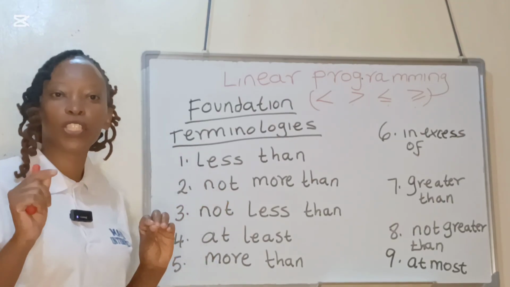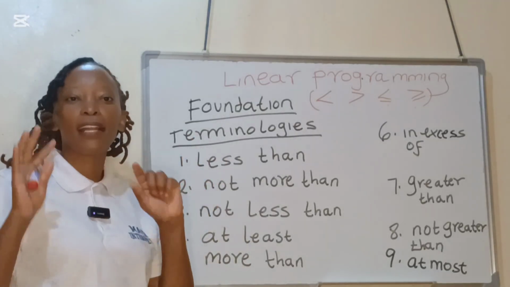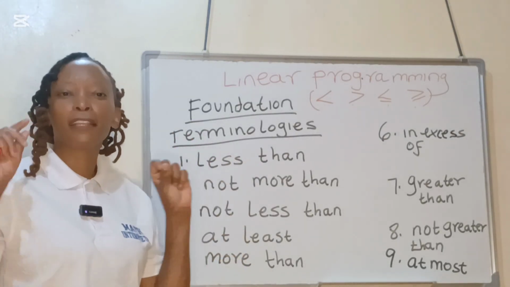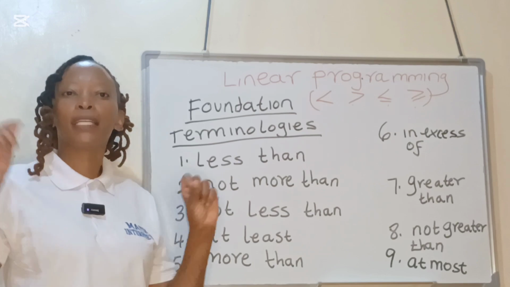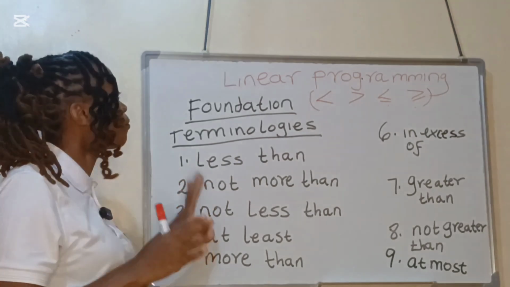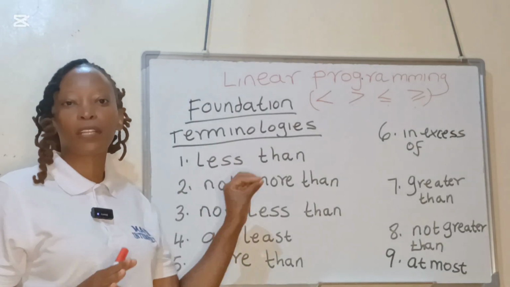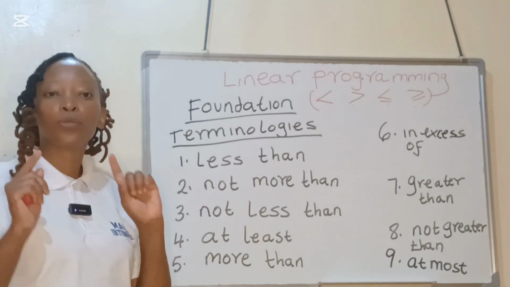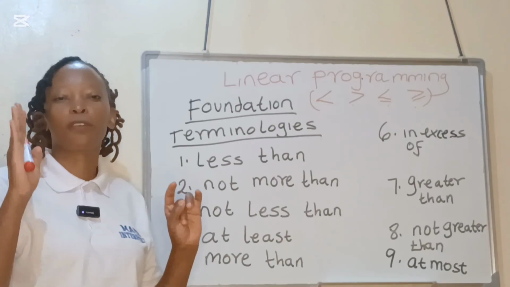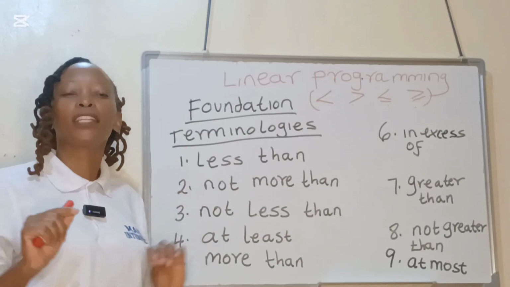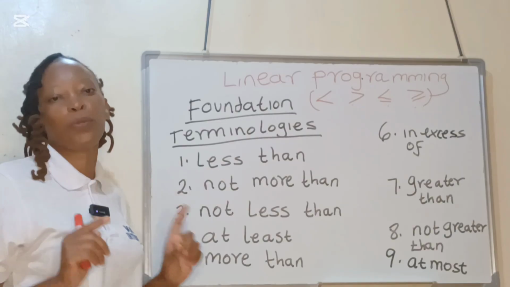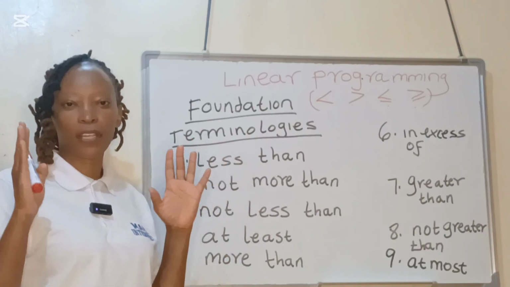Start with the foundation. Like we are learning today linear programming, it is a Form 4 topic, but the foundation is in primary school. So just go back to primary school if you don't know the foundation of linear programming, because you have to know the linear inequalities, the four symbols we have for linear inequality and what they mean, because these are the ones that are going to help you do linear programming.